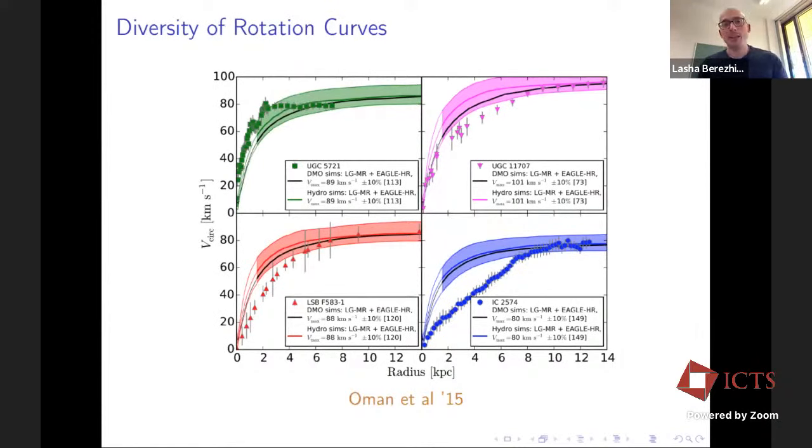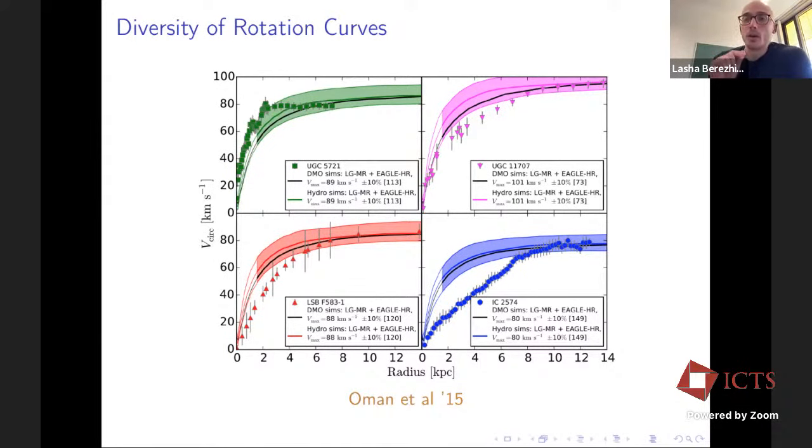What I find particularly fascinating, though, is the so-called diversity of rotation curves. Both simulations in CDM and observations demonstrate that rotation curves among all the different galaxies that we observe and simulate show a plenitude of diversity. Some rise sharply, some rise in a relatively more shallow way, and so on.